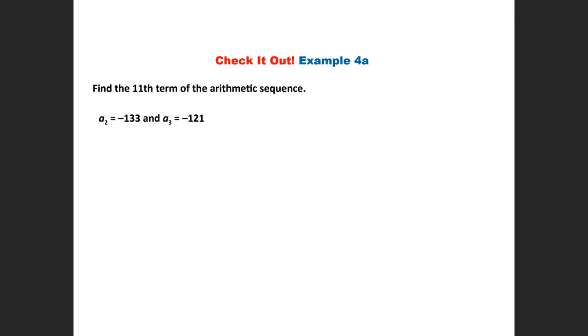Well, a little bit of thinking here. I would write down a sub 1, a sub 2, a sub 3. Well, I know what a sub 2 is. It's -133. I know what a sub 3 is. It's -121. So if I just subtract those, I should get my d value, right?